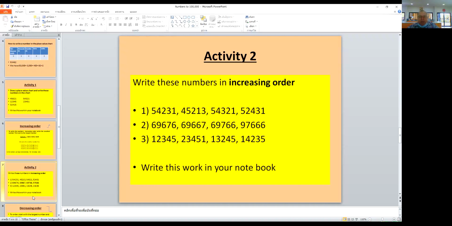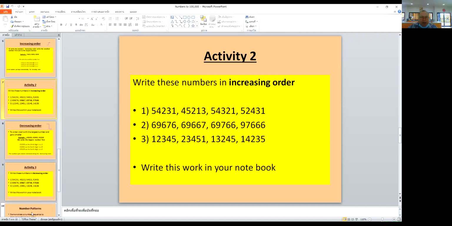So the number that comes next is 54,231. And the last number is the 54,321. Now you have number 2 and number 3 to do in your notebook. Those ones will be put onto Schoolbright after this lesson.